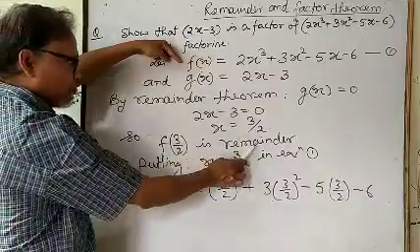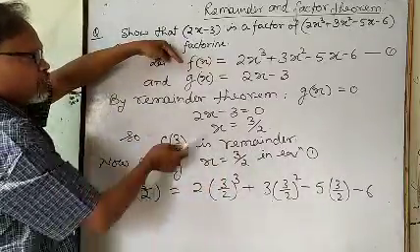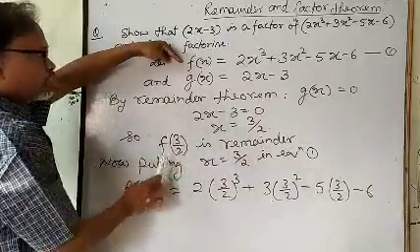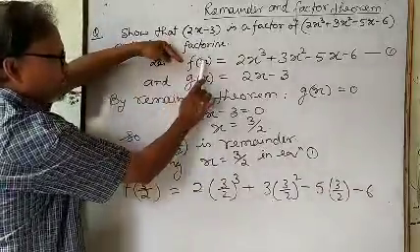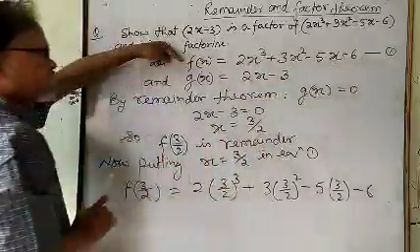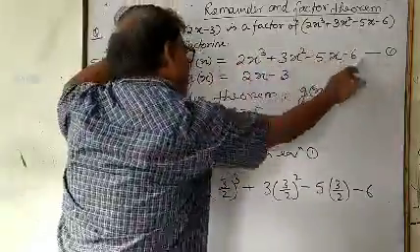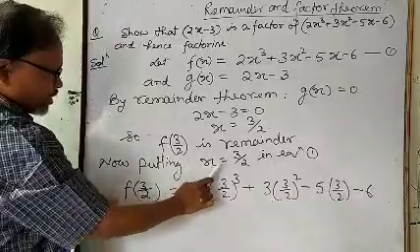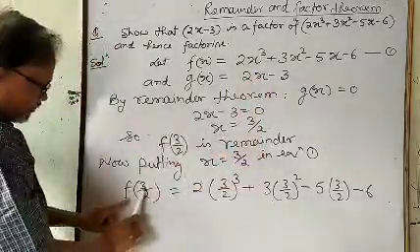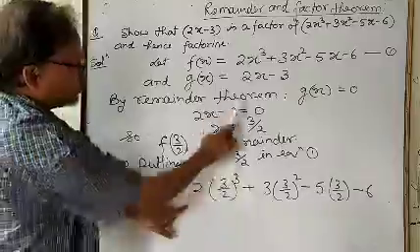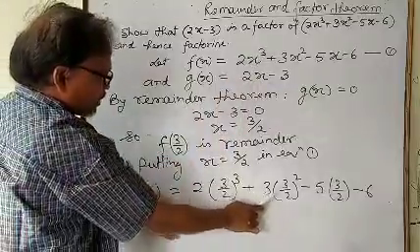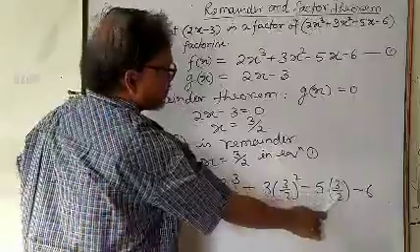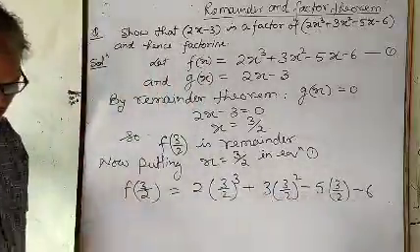This you have to write in every question if you are doing it like this: f(3/2) is the remainder. It means when you put the value of x in this equation, after solving you will get the remainder. Now we are putting x equal to 3 by 2 in this equation: 2 times (3/2) whole cube plus 3 times (3/2) whole square minus 5 times 3/2 minus 6.